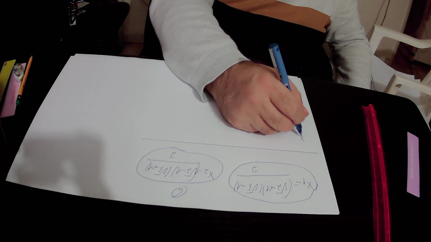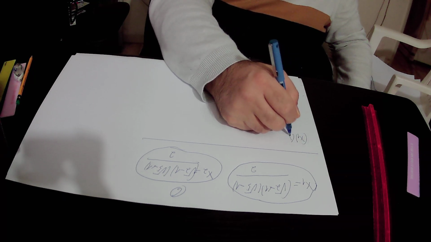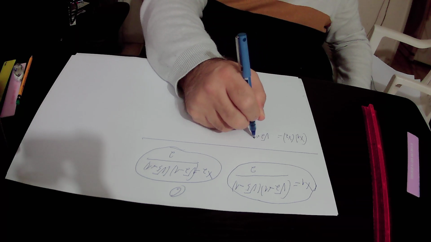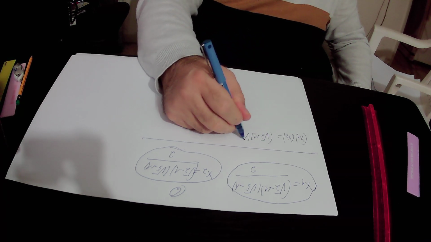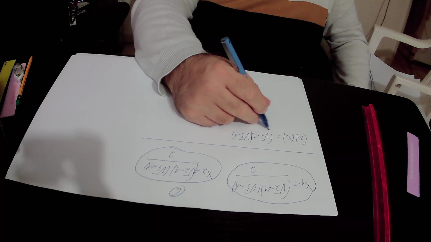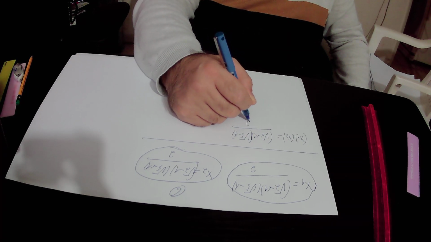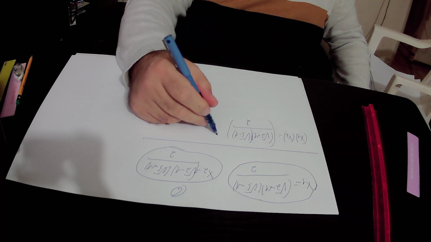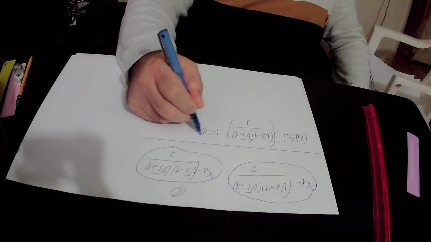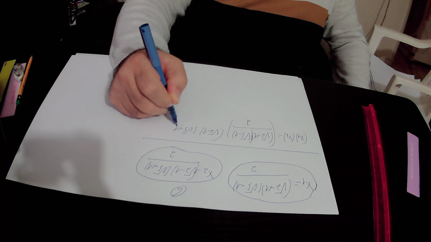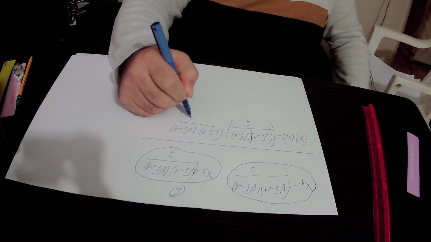So x1 times x2 will be equal to square root of 2 plus 1 times square root of 5 minus 1 over 2. This is x1, and we will multiply it by x2. x2 is square root of 2 minus 1 times square root of 5 plus 1, all divided by 2.